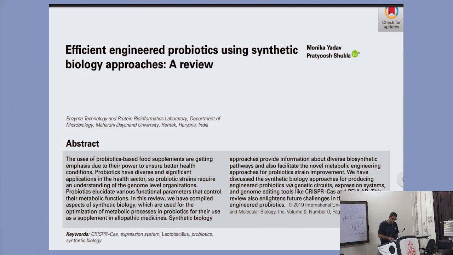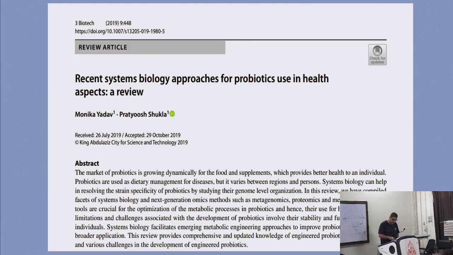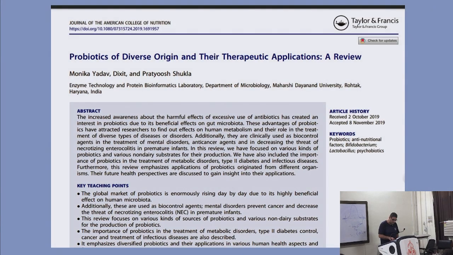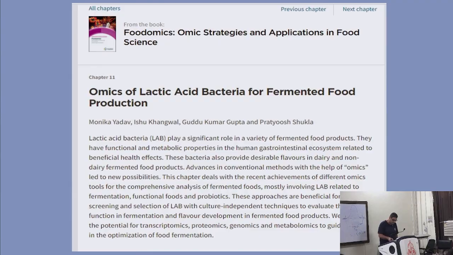And then probiotics, for those who are working, these are the important aspects which you can see, and then systems biology tools which can be used in this, and then probiotics of diverse origin and their therapeutic applications. Those who are working in the probiotic area can see how these tools can be used for various therapeutic applications.